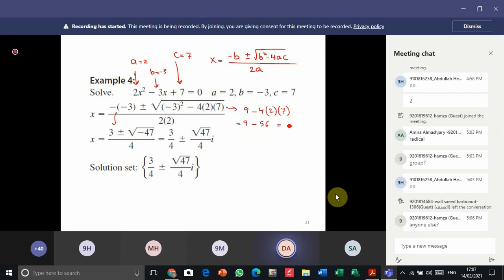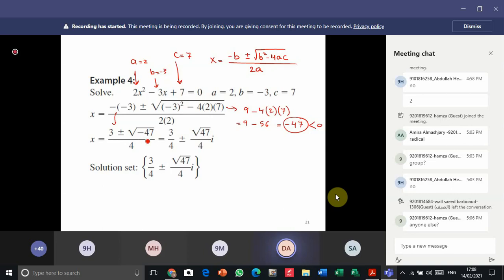So we have minus 47. So we have two complex solutions. Why? Because this is less than 0. The discriminant is negative, so we have two complex solutions.